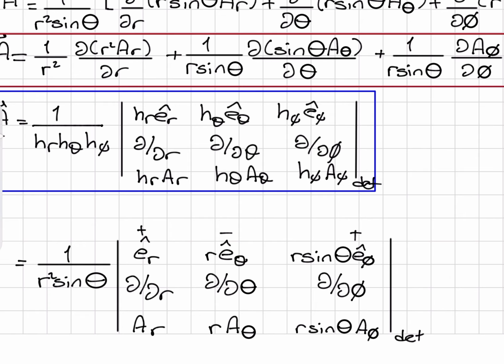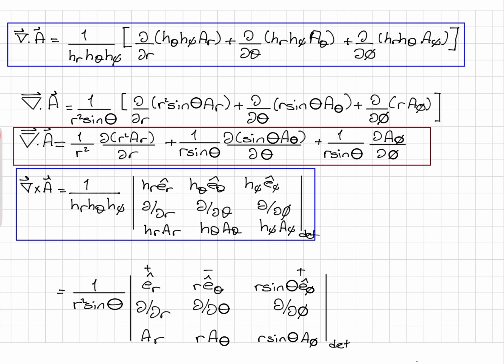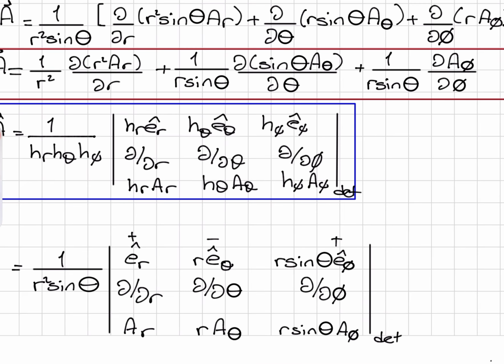So we have to take this determinant with respect to the first row, let's say, so plus, minus, plus. Okay, so the first term will be 1 over r squared sin theta, parenthesis, e_r hat times ∂/∂theta of r sin theta A_phi minus ∂/∂phi of r A_theta. So let's do that here.